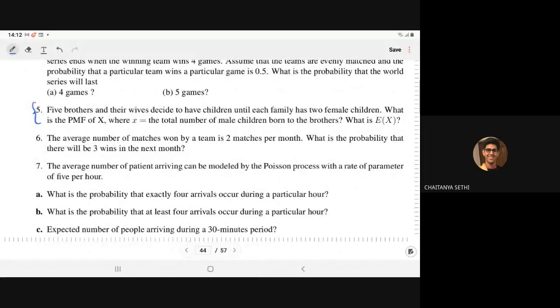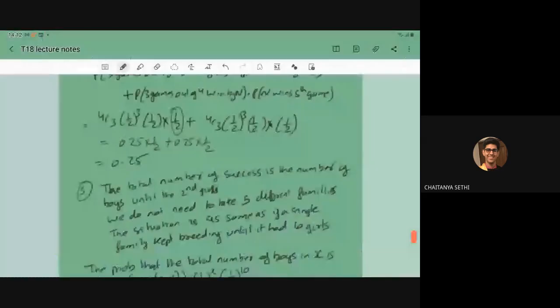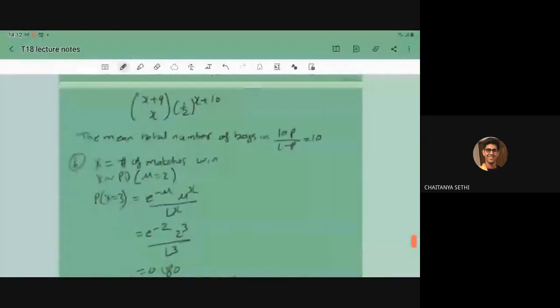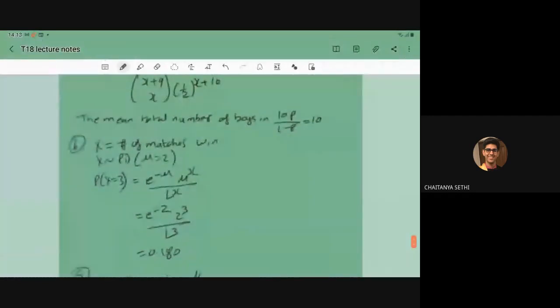Question number 6: the average number of matches won by the team is 2 matches per month. What is the probability that there will be 3 wins in the next month? What is x here?